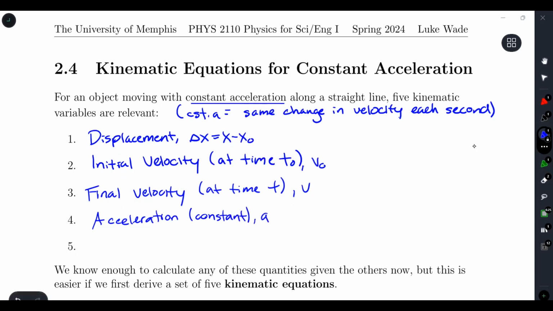That's a. And then how much time has passed. So t minus your initial time. These are all the things you need to describe completely the motion of something that has a constant acceleration.